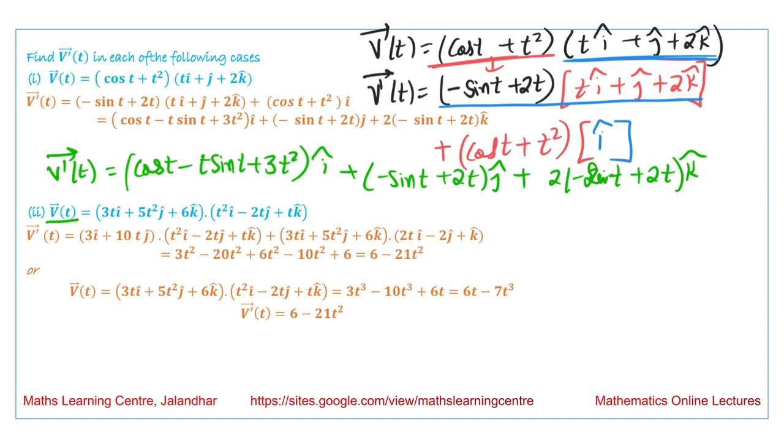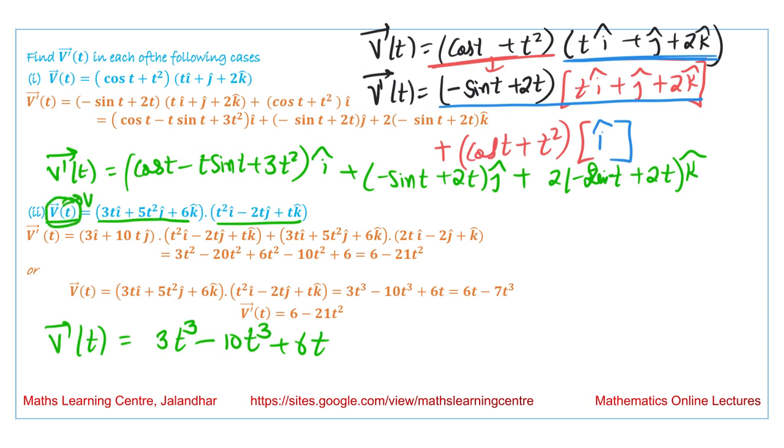Next function is V t, equal to the product of these two. Either you first multiply, taking the dot product, and you will obtain that V t is equal to 3t cube minus 10t cube plus 6t. One thing is clear, that this is not a vector function, this is a scalar function.